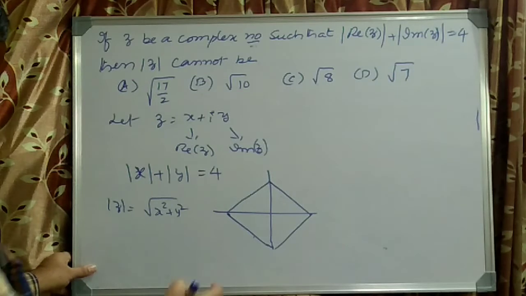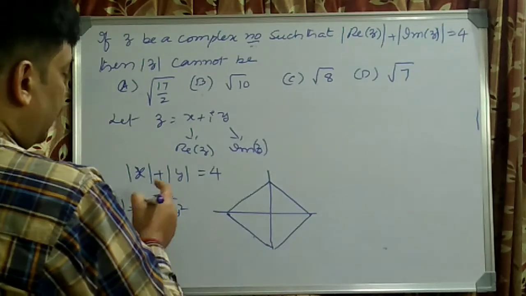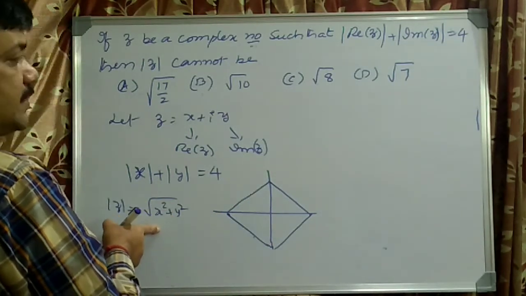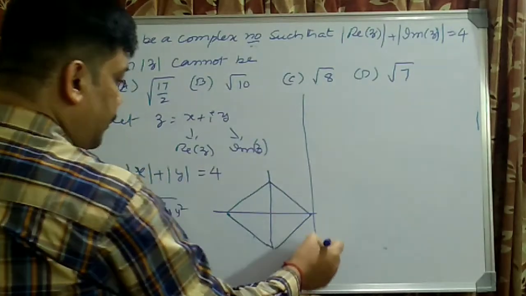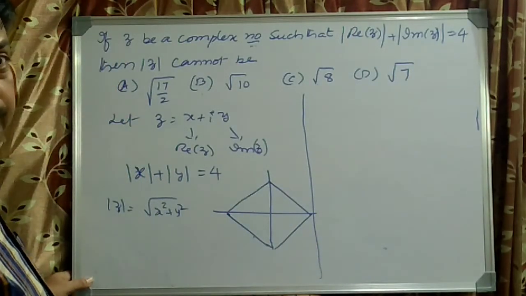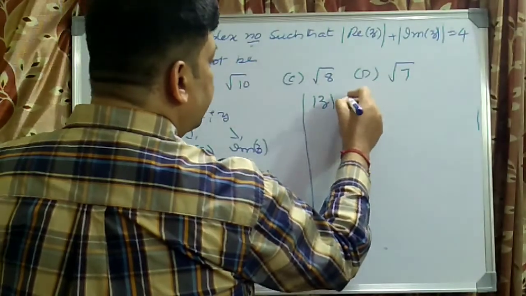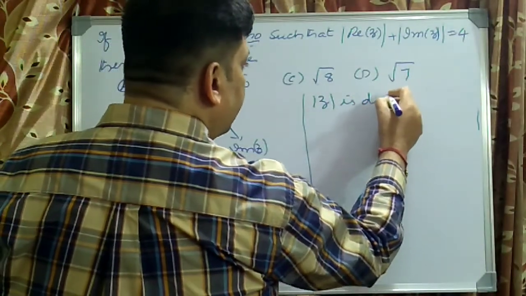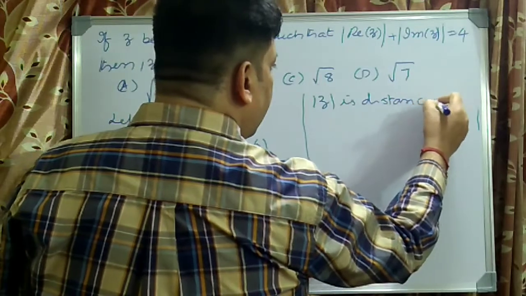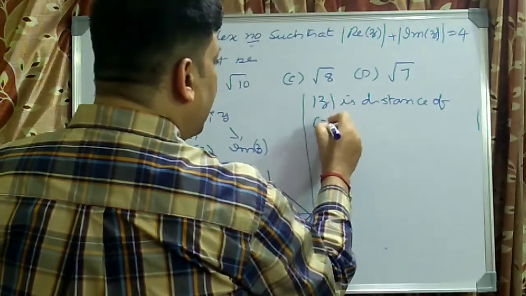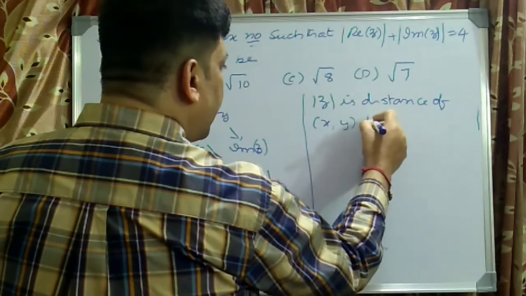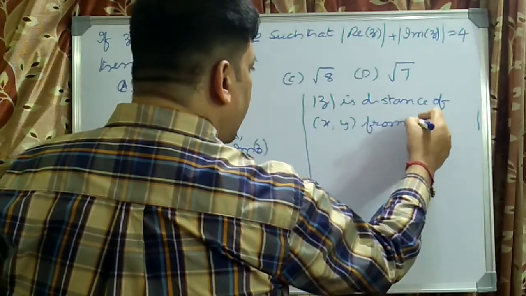Now here, looking at the diagram, even though we are writing mod z is equal to root of x square plus y square, what I want to tell you is mod z is the distance of x comma y from origin.